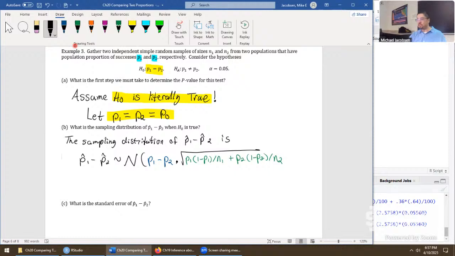Each time I write these square roots, I try to make them long enough, but it never seems to work out in statistics. This stuff gets pretty long-winded. So that's the sampling distribution of P hat 1 minus P hat 2.